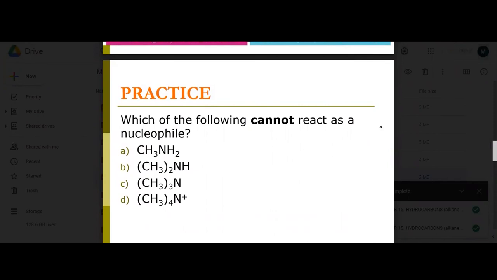Okay, what's your answer? The correct answer is D. Why can it not act as a nucleophile? Let's draw N with four CH3 groups. You know that N can only make 3 covalent bonds to achieve octet, but it still has a lone pair of electrons. So let's say we have CH3 positive. The lone pair will be donated through a dative bond to the CH3 to make N(CH3)4 positive.